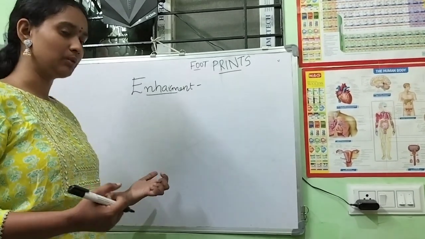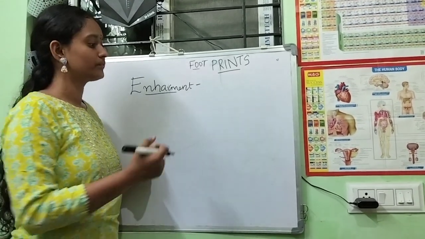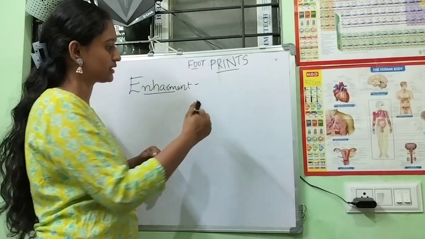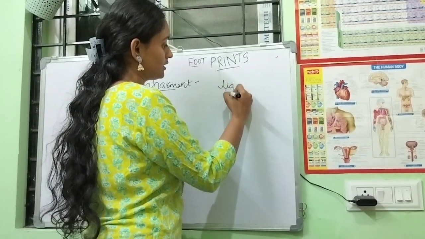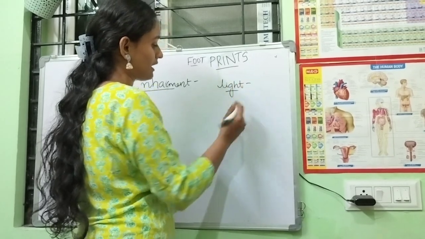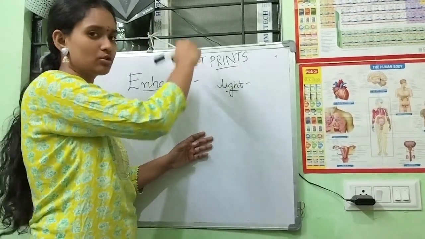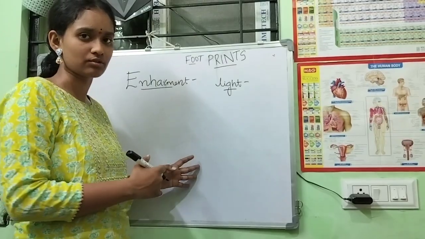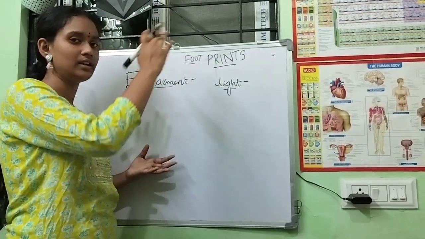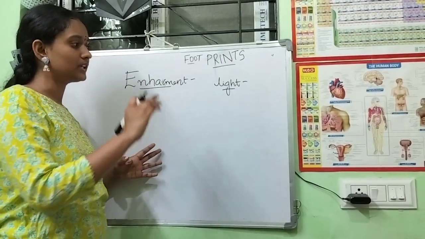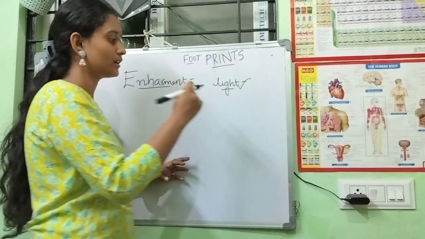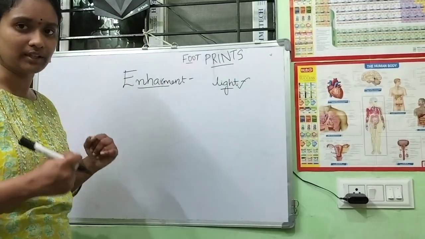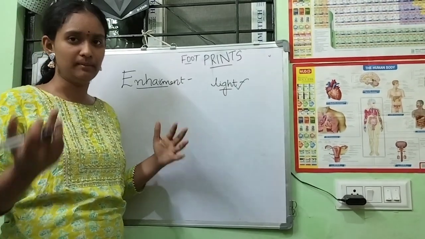To get that, you have to use lights. The first thing is light images. If you have a footprint here, you have to place light from the top view and also from the side angles. Even if you are in sunny areas or outside, the light is a very important aspect, because it can give very clear images.